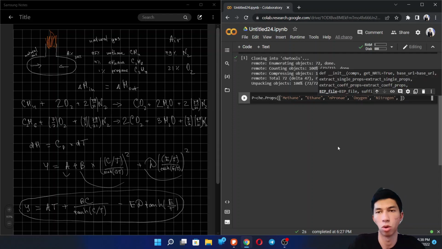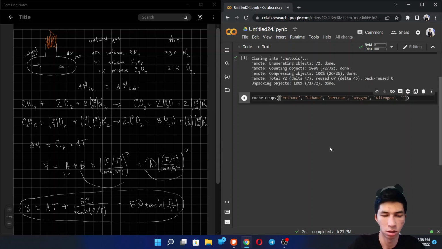And we should remember the order. Later, while we code, we might need to use this order. So then after nitrogen we have carbon dioxide, right? And the last thing is what? We have water.